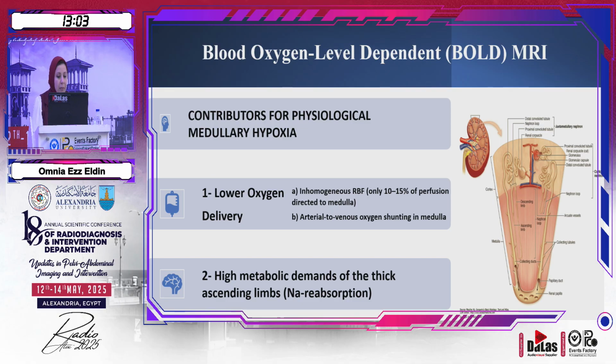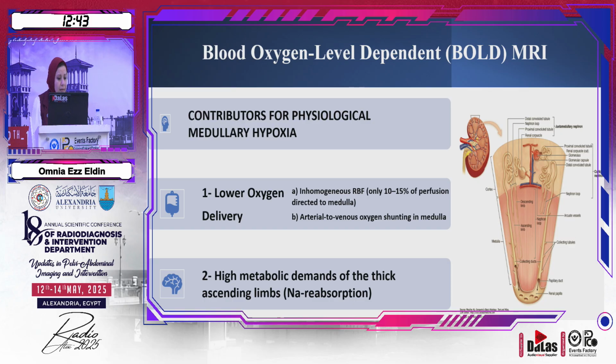The renal medulla is in a physiological hypoxic state. There are contributors to physiological medullary hypoxia. The lower oxygen delivery results from the inhomogeneous renal blood flow and the arterial to venous oxygen shunting within the medulla.